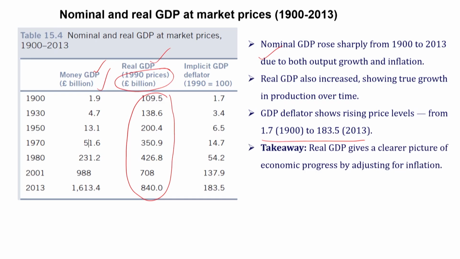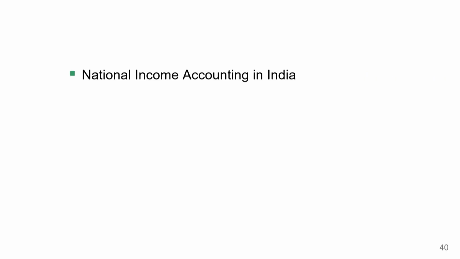So the main takeaway here is that real GDP gives a clear picture of economic progress by adjusting for inflation.